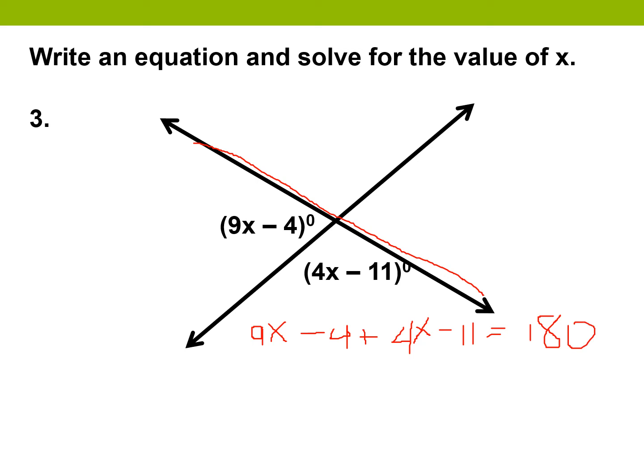Okay, so we have combining like terms. We have 9 plus 4 is 13x is equal to 180. Then we're going to perform the operation sa left. We have negative 4 minus 11 is negative 15. Then by transposition, that will be plus 15. Okay, so we have 13x is equal to 195.